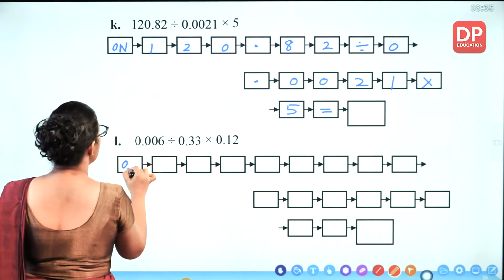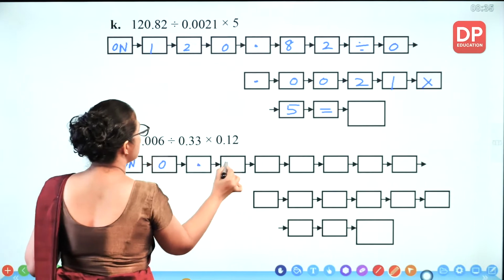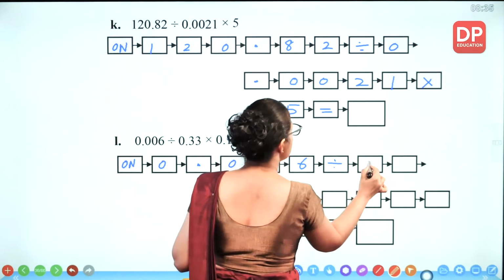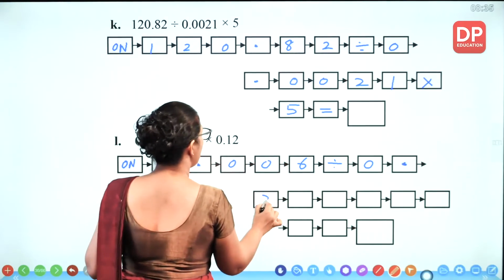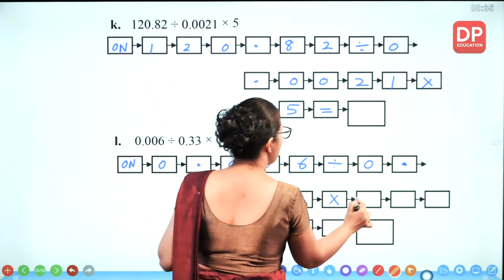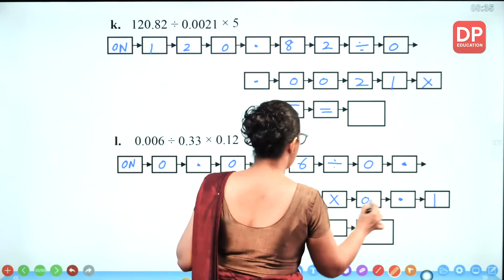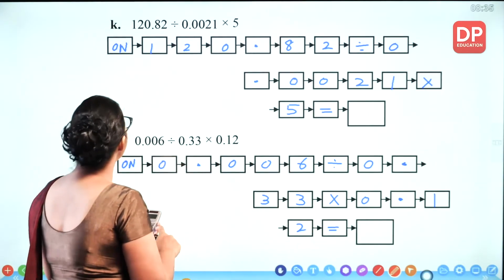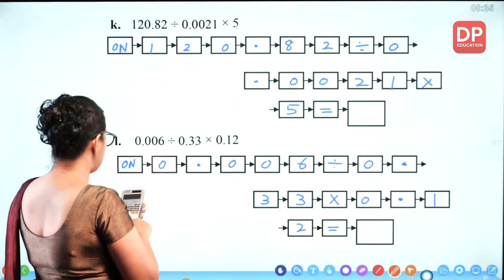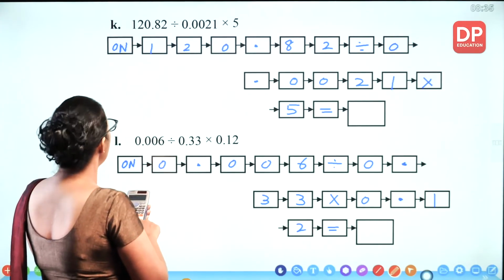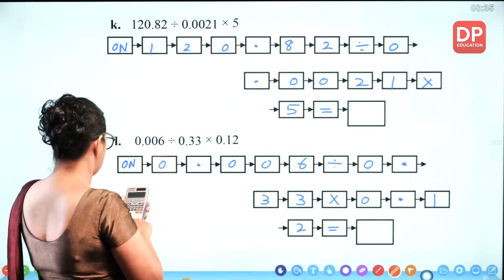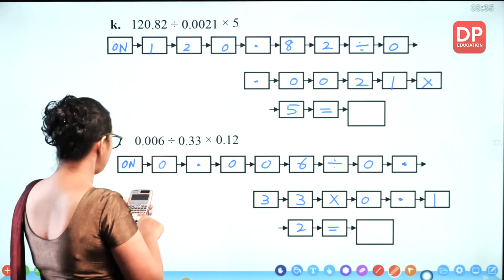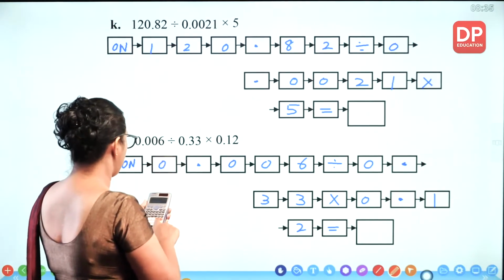This one, 0.006 divide by 0.33 multiplied by 0.12 equal sign. 120.82 divide by 0.0021 multiplied by 5.